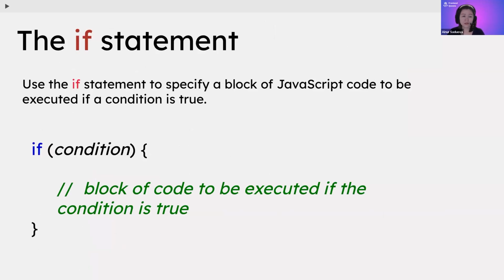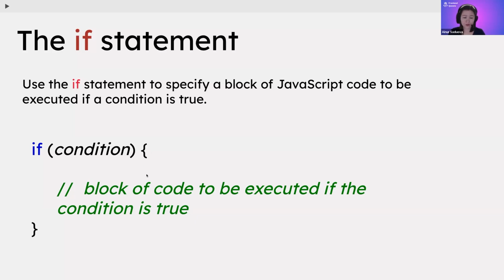So we will start with the if statement. Use the if statement to specify a block of JavaScript code to be executed if the condition is true. So basically you are using an if, which is a keyword, the same as const, let, or function. Then in brackets, you are making a condition which should return true if you want this block of code to be executed.